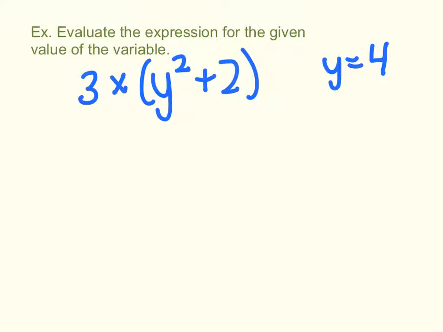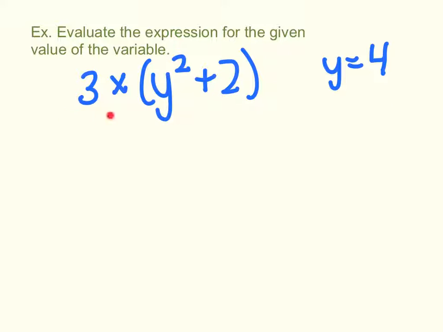So let's try this next one. Here we have 3 times (y squared plus 2). Now this is not an x variable, it is a multiplication sign. Sorry if that's a little confusing, it does look like an x variable, but it is a multiplication sign. So we have 3 times (y squared plus 2), and they say that the value of our variable y equals 4.